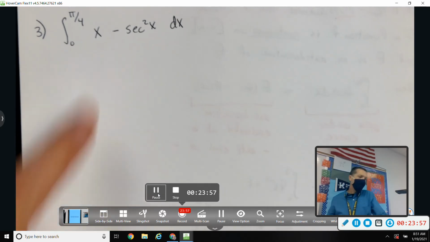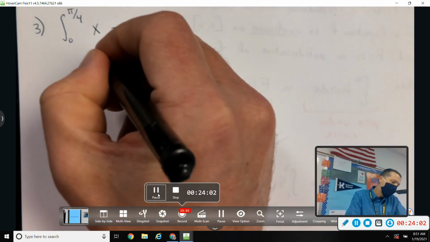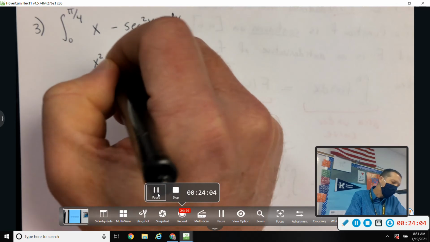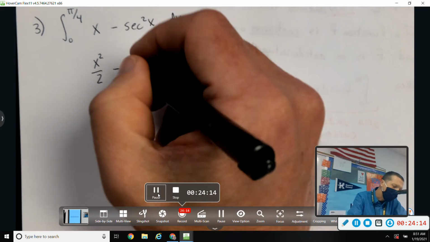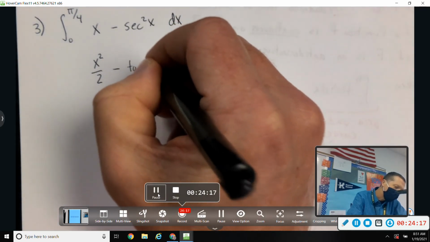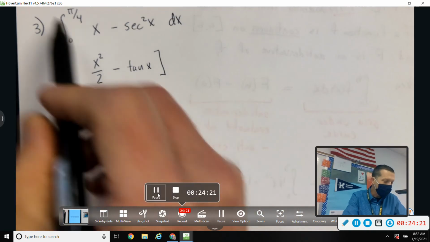So the antiderivative of x, we did that one already, x squared over 2. And then what function has a derivative of secant squared? Tangent. Look at you guys, experts. And then now we've taken the antiderivative, so I don't want to use the antiderivative symbol.